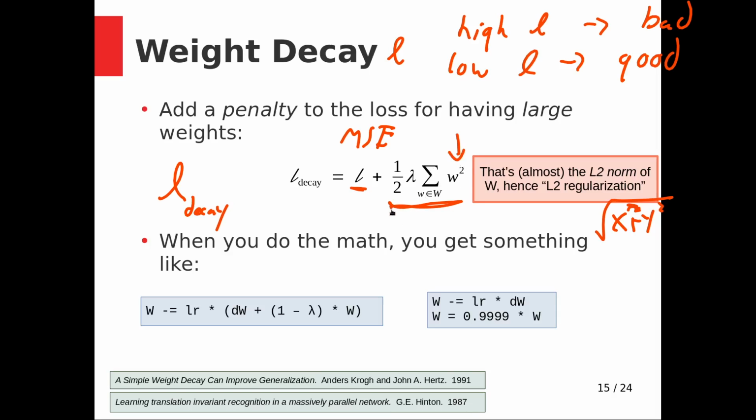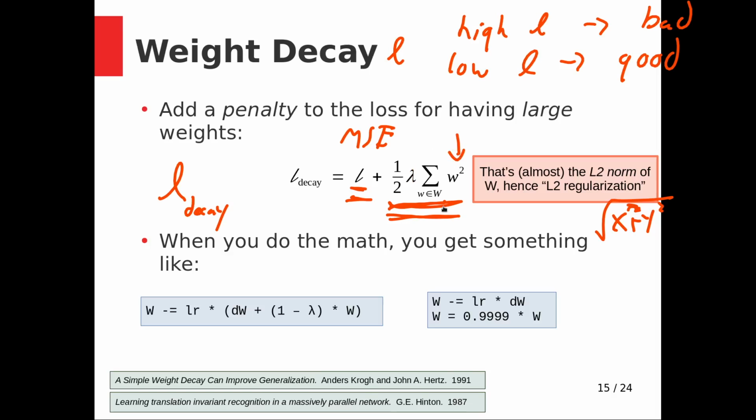And this is another term that, when the sum of the squares of the weights is small, will be very small, and when the squares of the weights are large, will be very large, right? So our new loss is our old loss's signal plus a signal that encourages the network to use weights very near zero. And I say almost because it would be the square root of that to be the actual L2 norm.